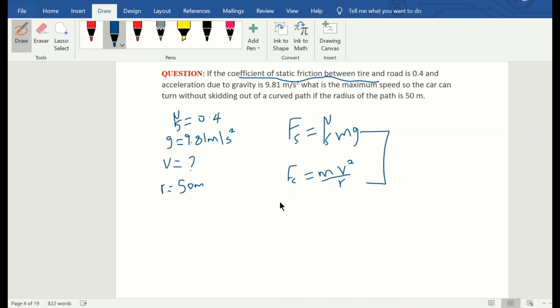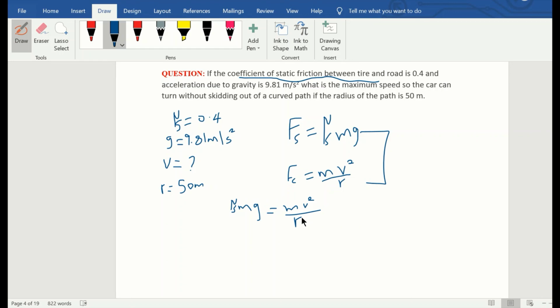So therefore I can say that friction coefficient times mg is equal to mv squared over r. Remember, we are asked to find the speed.